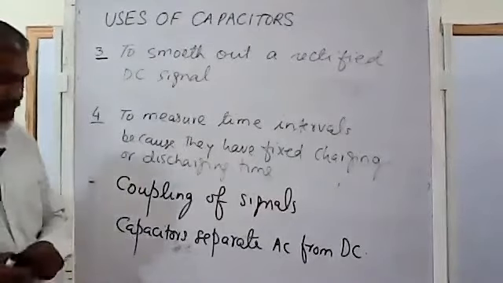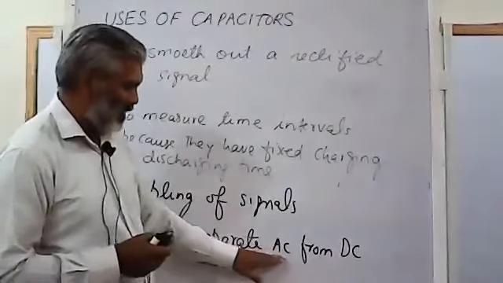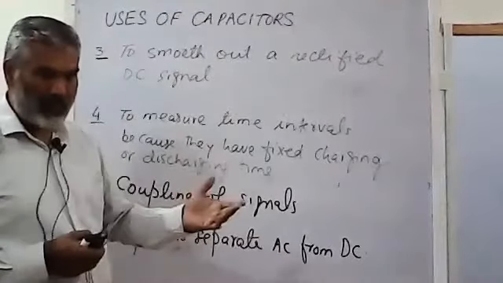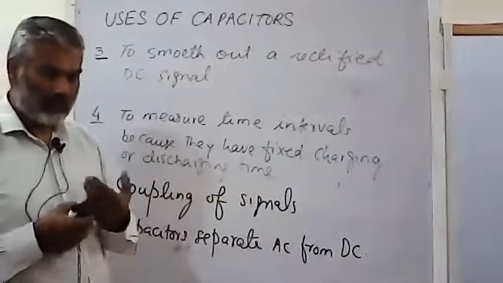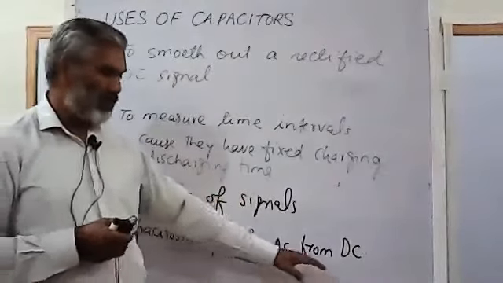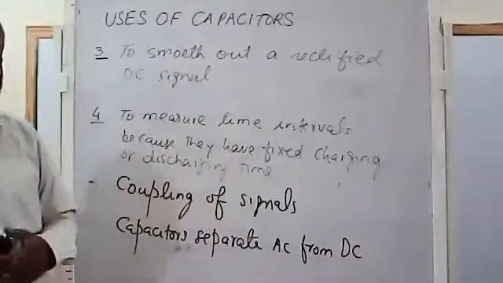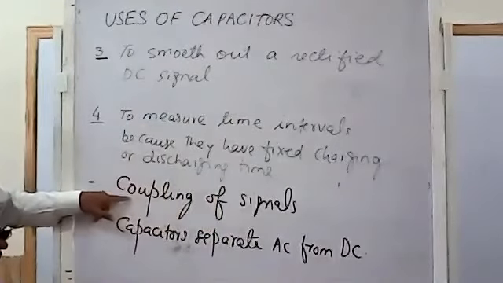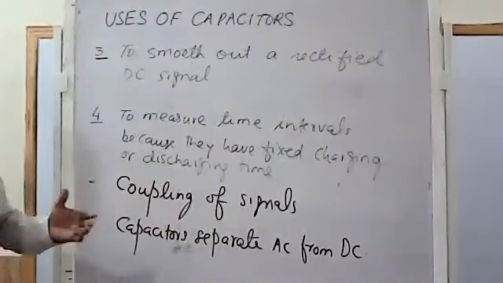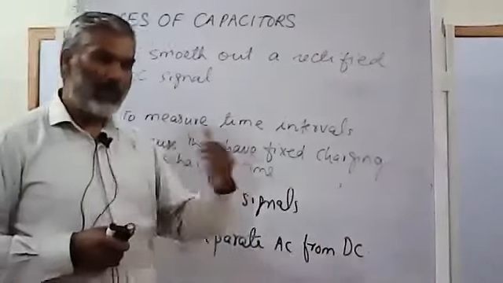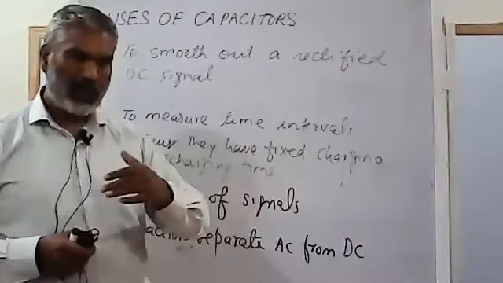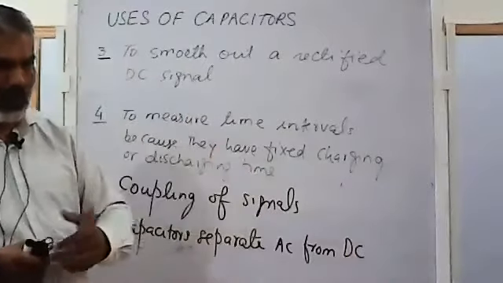because it is possible that AC passes through the device and serves a useful purpose, but when you allow DC to pass through the same device, it could be damaged. So in that case, coupling of signals is important. You separate one signal from the other, you allow AC, but you do not allow DC.